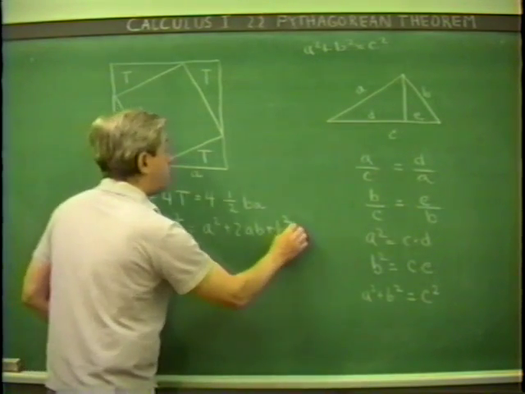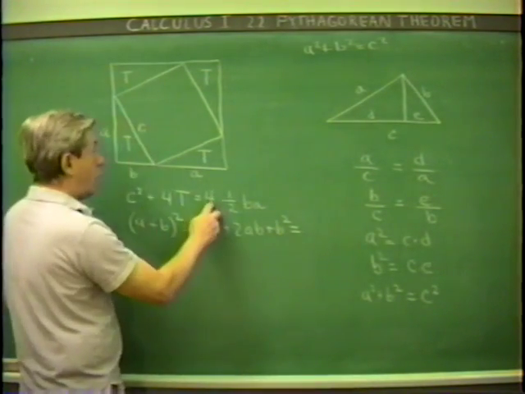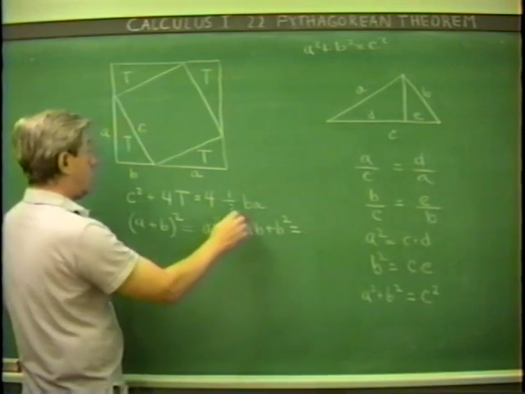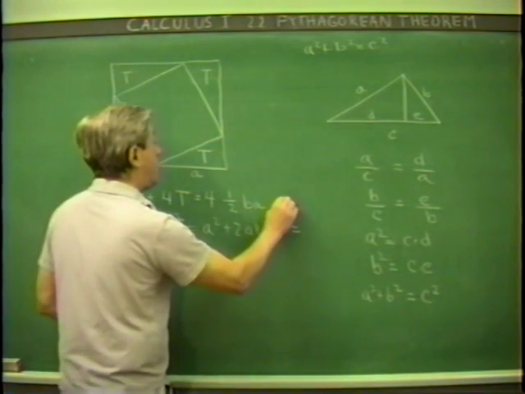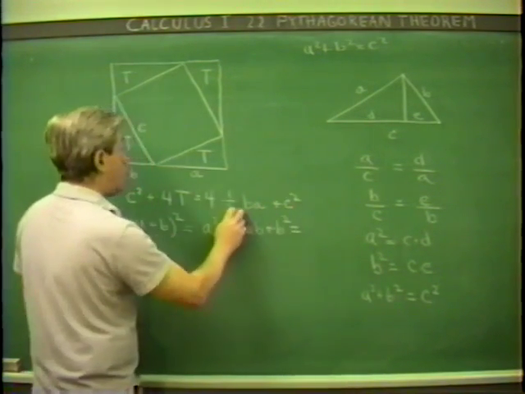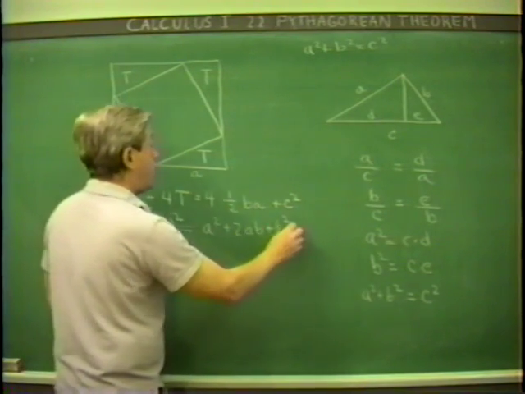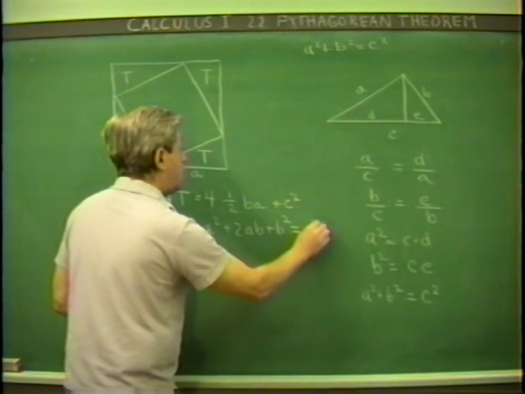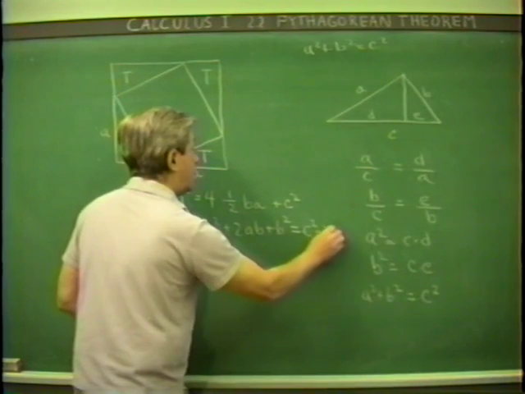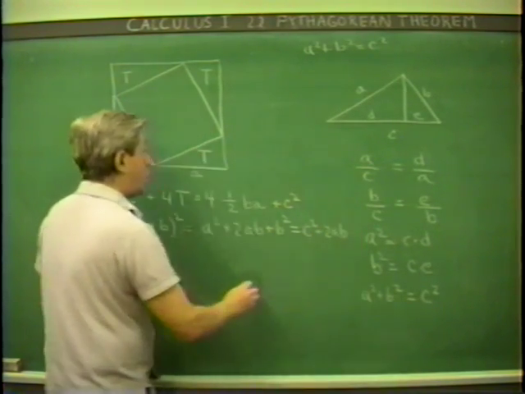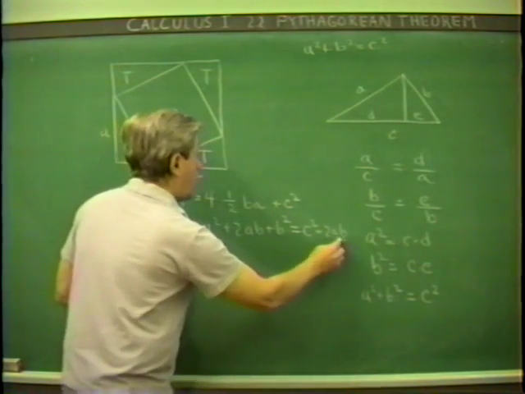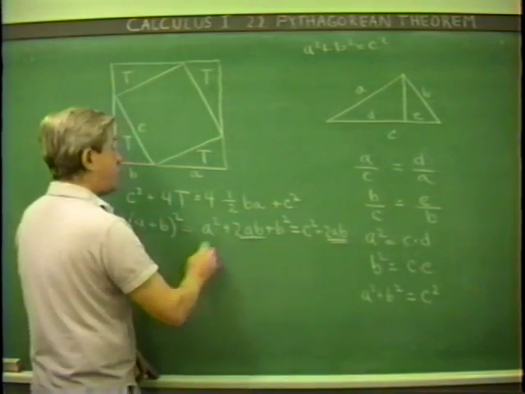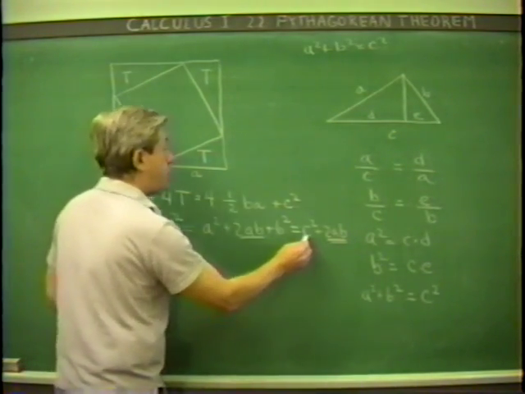This must be equal to 4 times 1/2 BA plus C squared. That's to say this is equal to C squared plus 2AB. Or, subtracting this from both sides, we get that A squared plus B squared is equal to C squared.